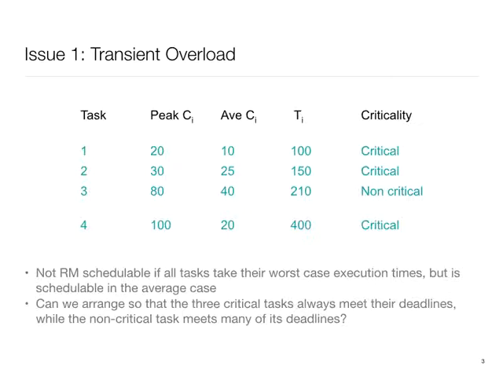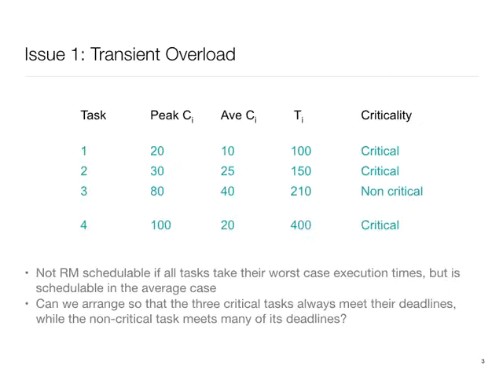Except in this case, in addition to the worst case computation time, I've also given you the average case computation time. So I have worst case 20, but on average it only takes 10. Remember, I earlier said that the ratio between best case and worst case is often a factor of 10, 50. So I've given those times.